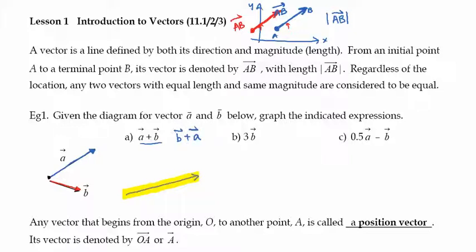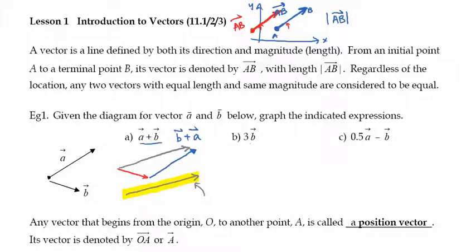If I start with vector B first and then add vector A, I will still end up with a resultant vector that goes in the same direction as this one, with the same magnitude. So it doesn't matter if you decide to add the vectors in a different order. So you understand how to add vectors together.